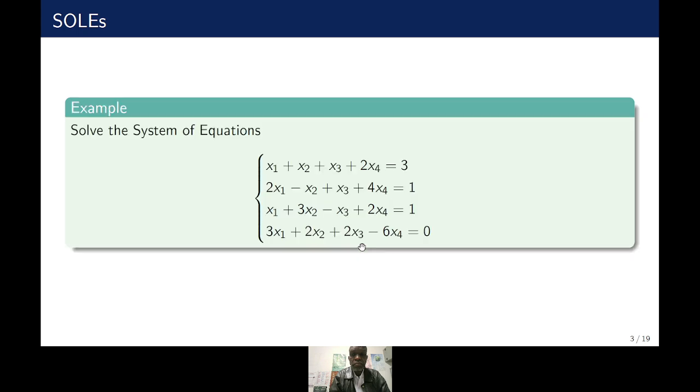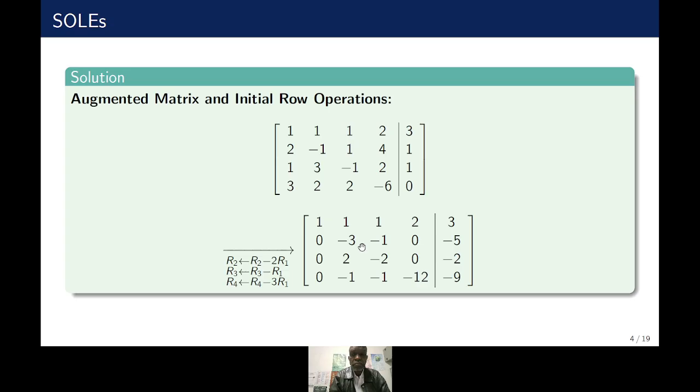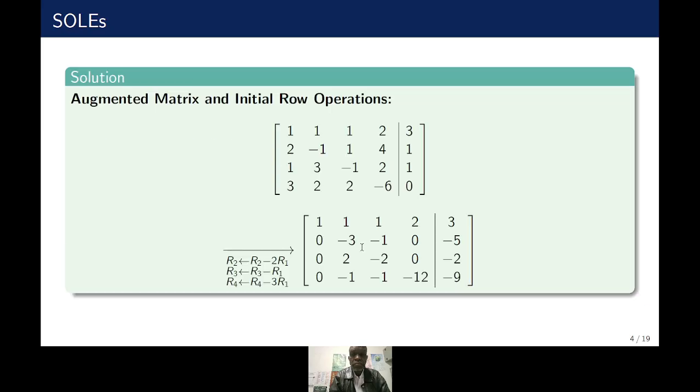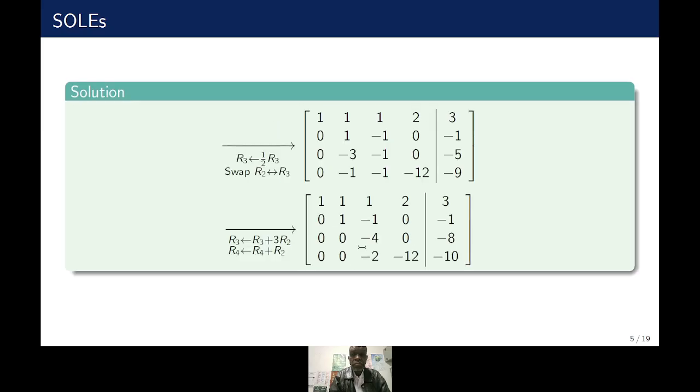So in this case, for row 3, we are going to divide it by half. Then we are going to swap row 2 and row 3.